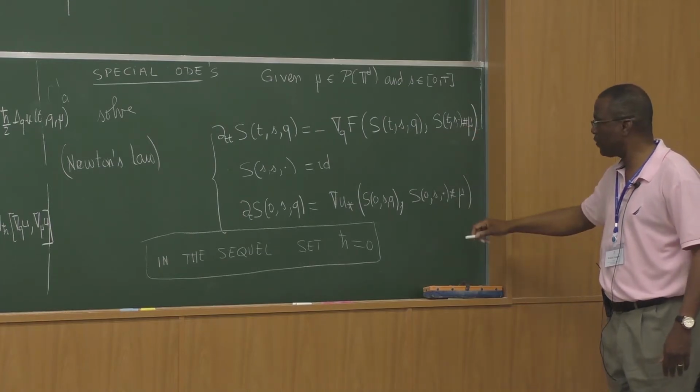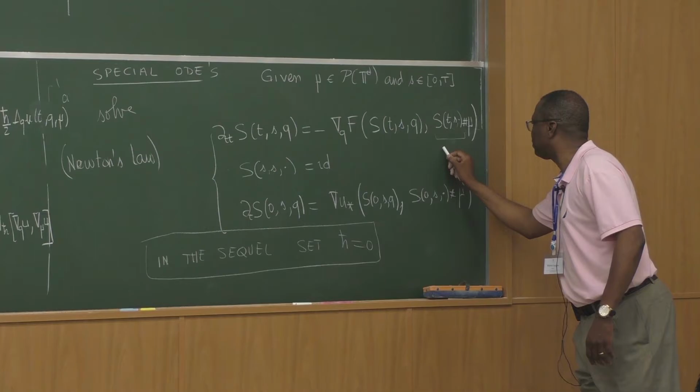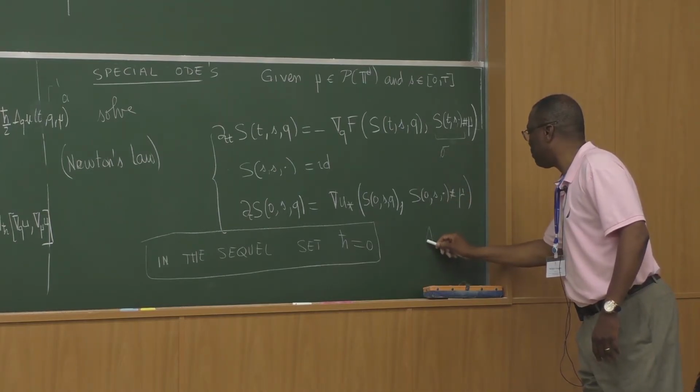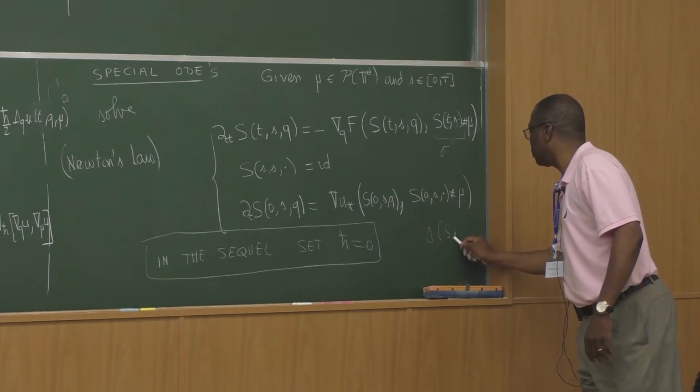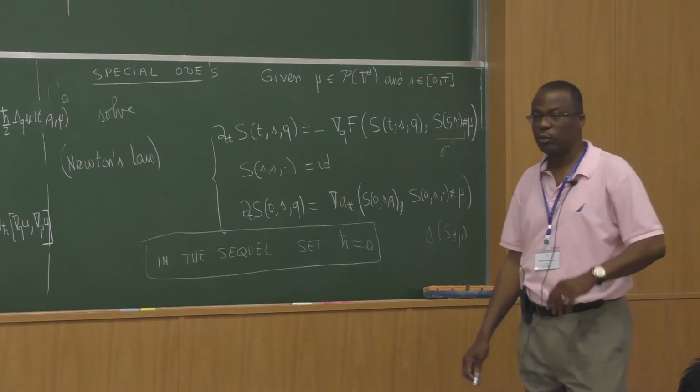So the force, your sigma, this is sigma t. You are going to write the Laplacian of S push forward mu. You are going to add that in your equation.